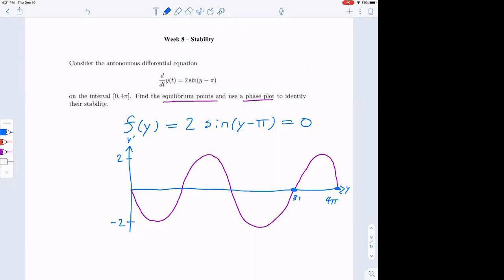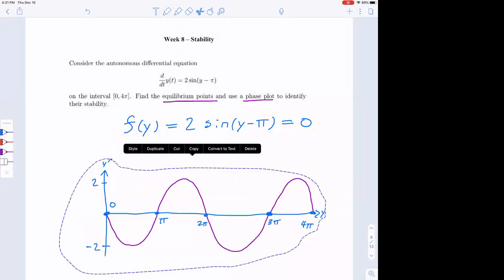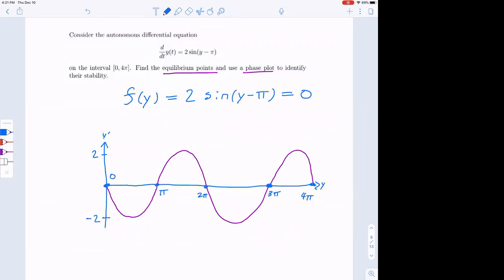So we have 3 pi, then 2 pi, then pi, and then 0 itself. Let me make a little room to write down all of the equilibrium points we came up with. So y is equal to 0, pi, 2 pi, 3 pi, and 4 pi.